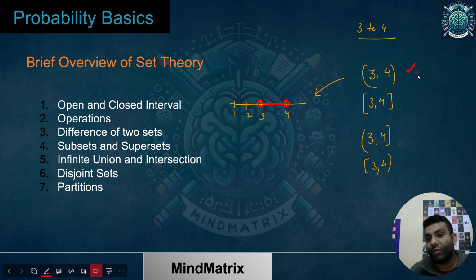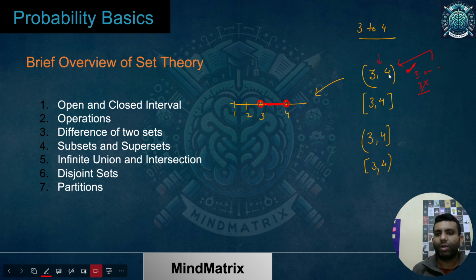So you can always say 3.00000, that will be part of this interval. But exactly 3 won't be part of this interval. 3.000, a hundred times 0, a lakh times 0, and then 1, 2, 3 something will be part of this interval, but not exactly 3.